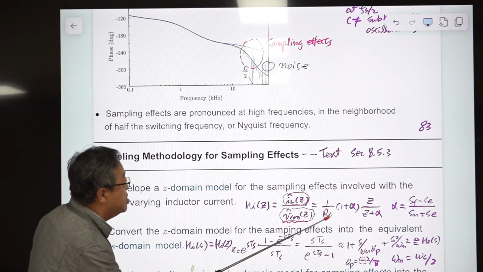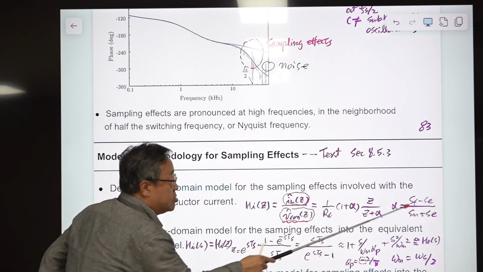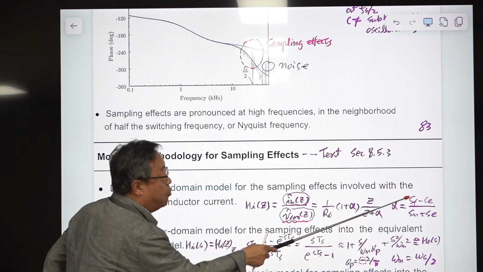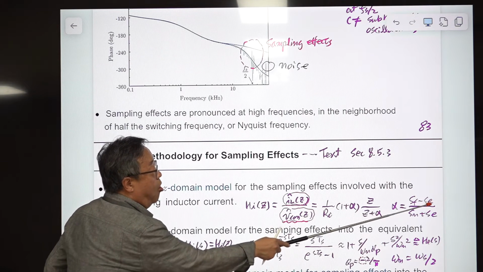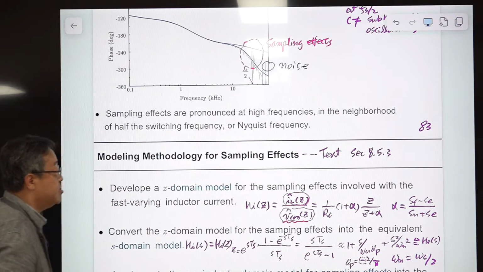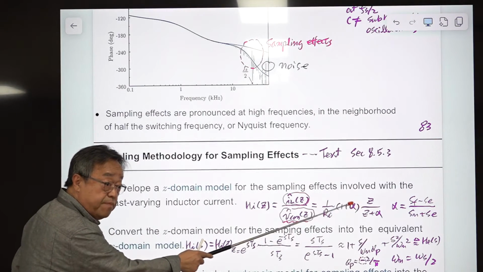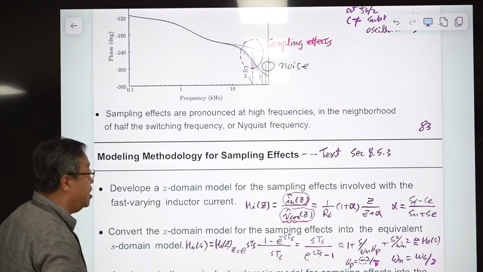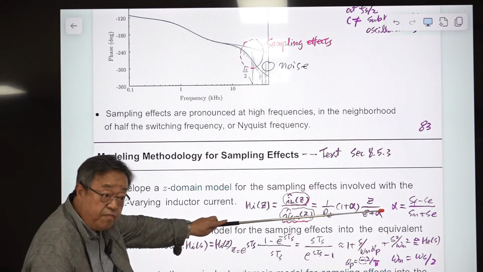This is the current sensing network gain. Alpha is given by this. This is the slope of the sensed on-time inductor current, and the slope of the compensation ramp. z is a complex variable in the z domain. So he derived this, but this is the z domain.